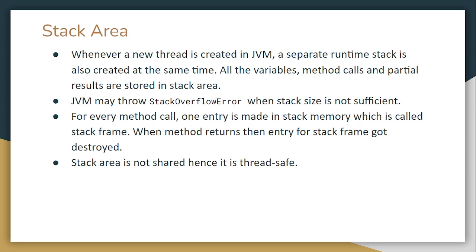Stack area. Whenever a new thread is created in JVM, a separate runtime stack is also created at the same time. All the variables, method calls, and partial results are stored in stack area. When stack size is not sufficient, then in that case JVM will throw stack overflow error. For every method call, one entry is made in stack memory, which is called stack frame.